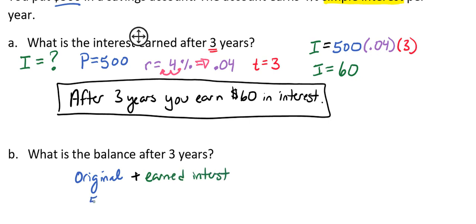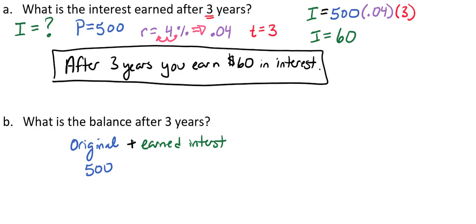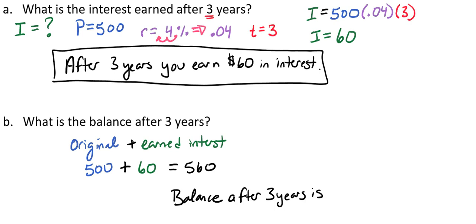So remember, we started with $500 and we are earning $60. So here we have 560. So our balance after 3 years is $560.